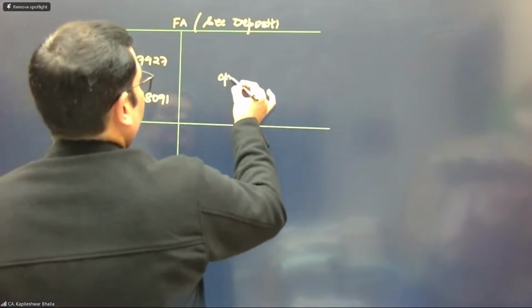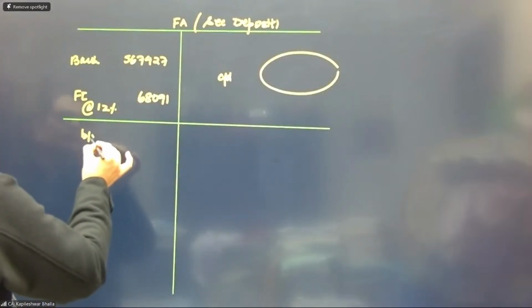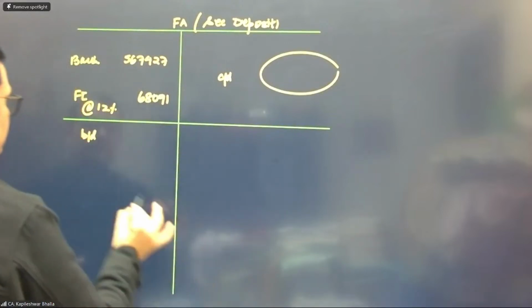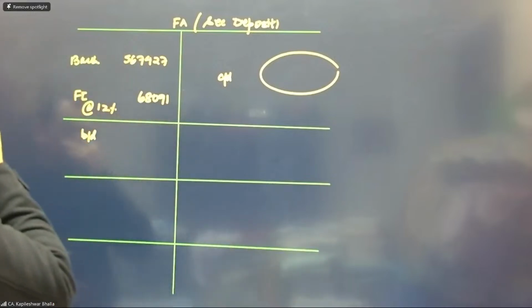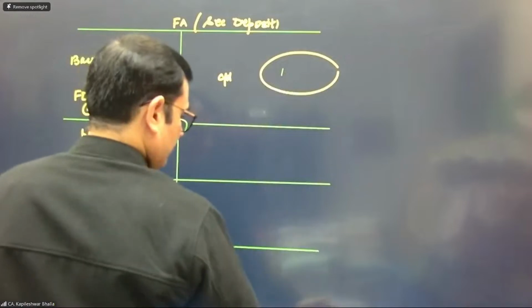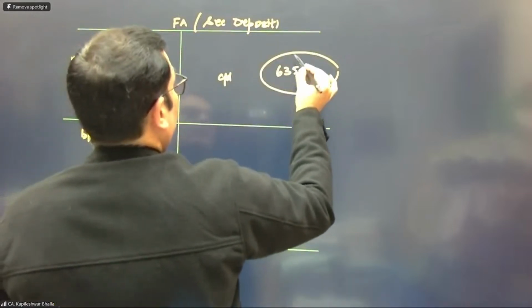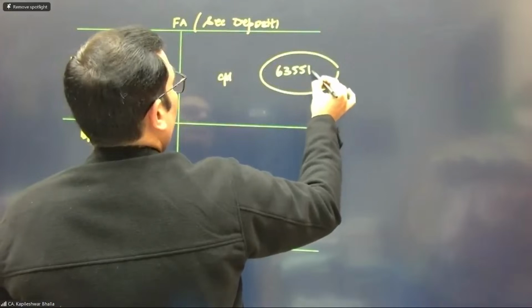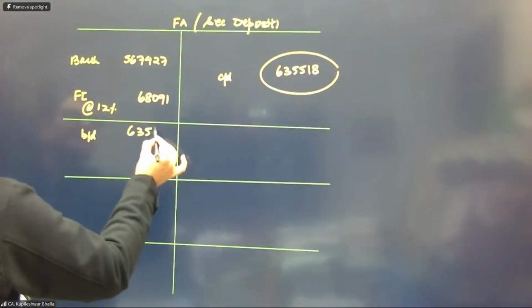We get a balance c/d as a balancing figure, which becomes the opening balance next year. So the balancing figure is 635,518. This becomes the opening balance next year.